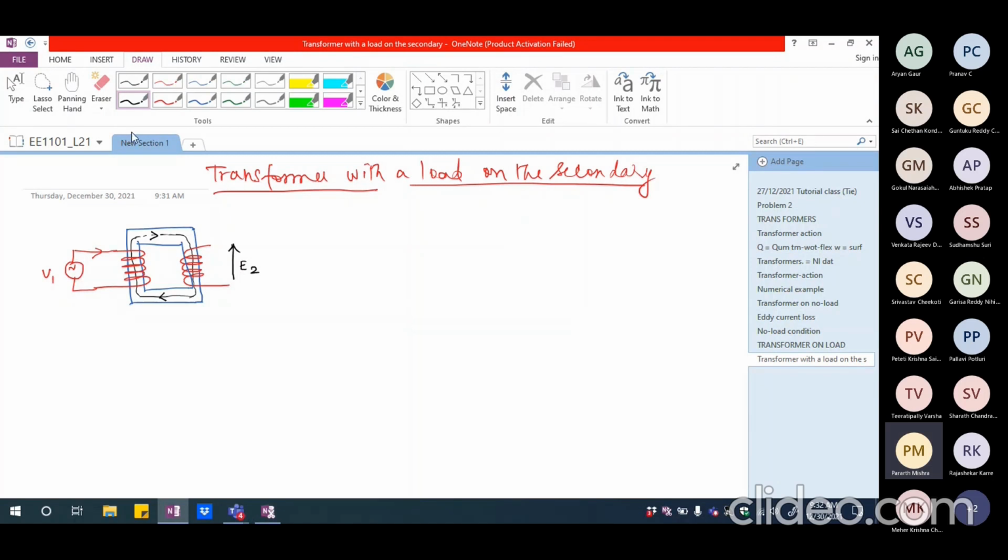I'm going to make a few assumptions before I start the analysis under load condition. First of all, I'm going to assume that the resistance of the windings is 0. Second, I'm going to neglect the core loss in the transformer's core.